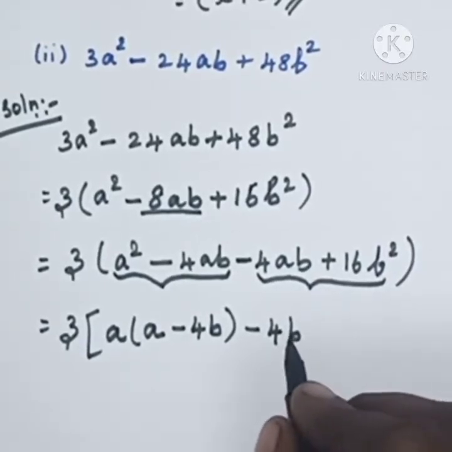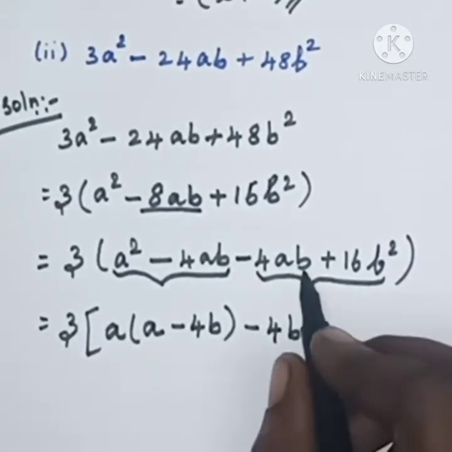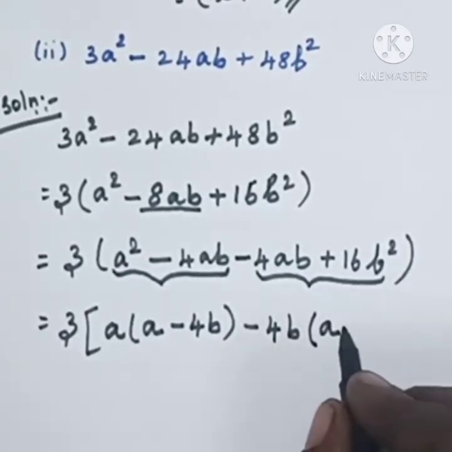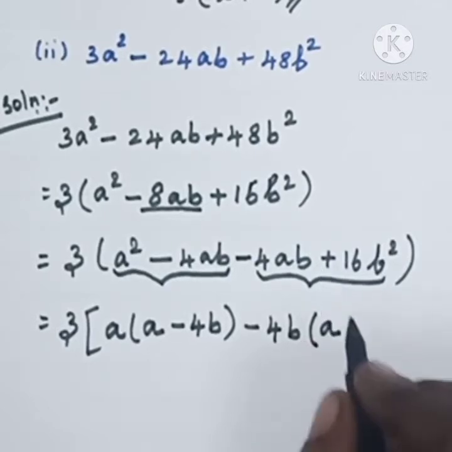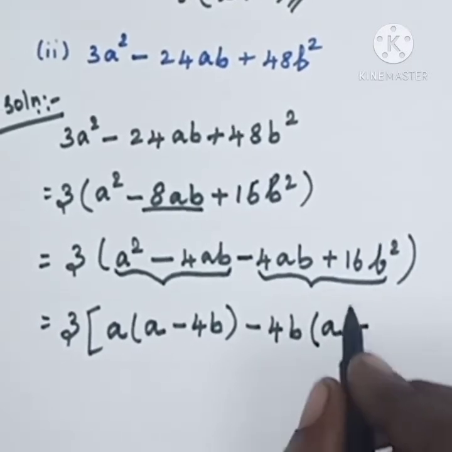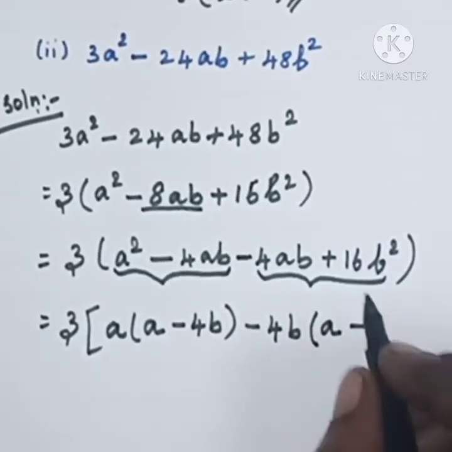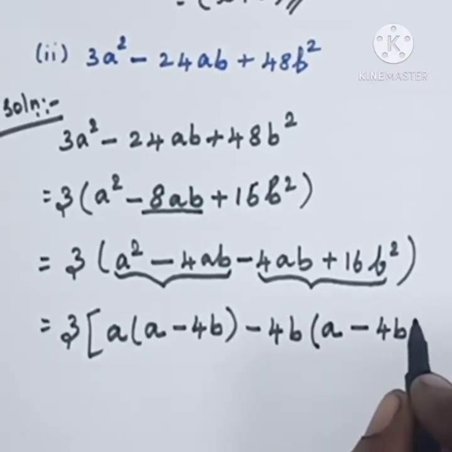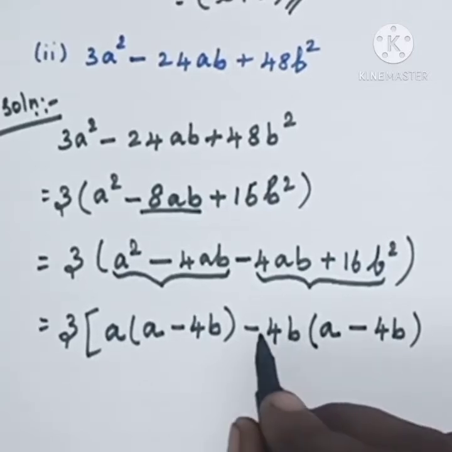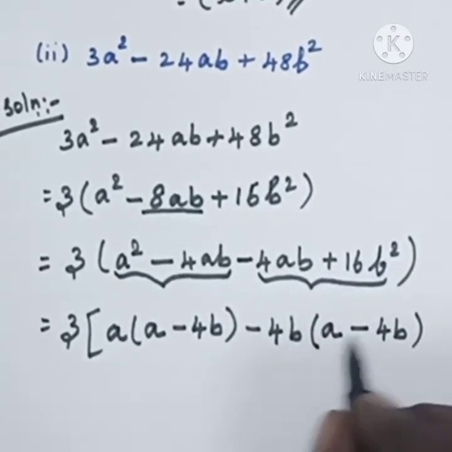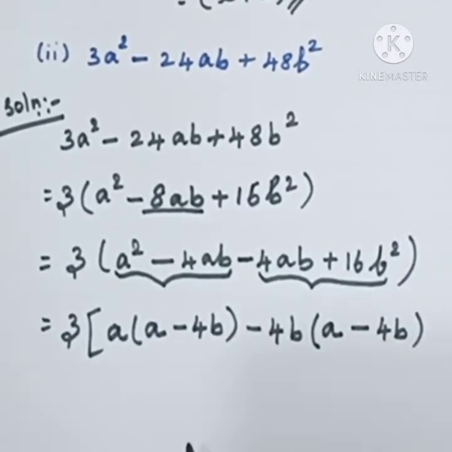So take b outside, minus 4b. The remaining variable is a, minus 4b into a. Here we have a plus symbol, so put minus, minus into minus is plus. The 4b we have taken outside, so the remaining is 4b, because 4 4s are 16, b into b, b square.